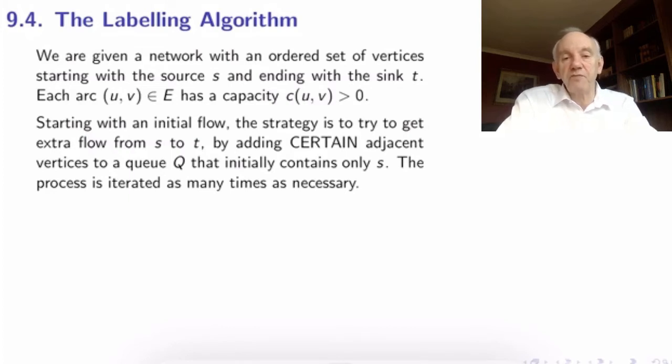We only add adjacent vertices satisfying certain conditions depending on the existing flow. And we do that once. Hopefully we get to the sink, we get more flow to the sink, and then we rub out all the labels and start again and try and do another iteration. We may need several iterations before we actually get a maximum flow.